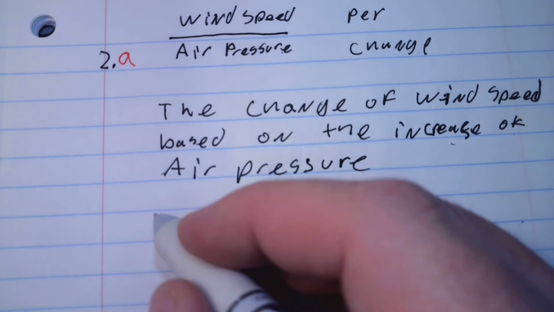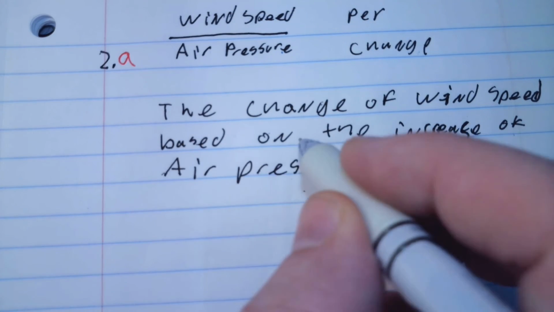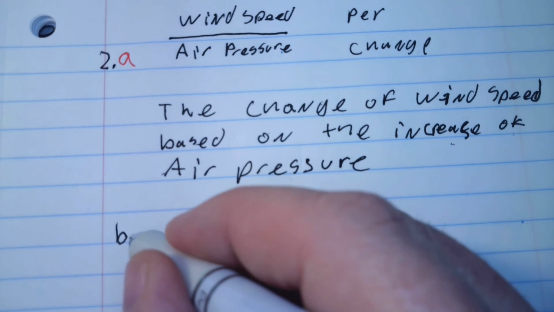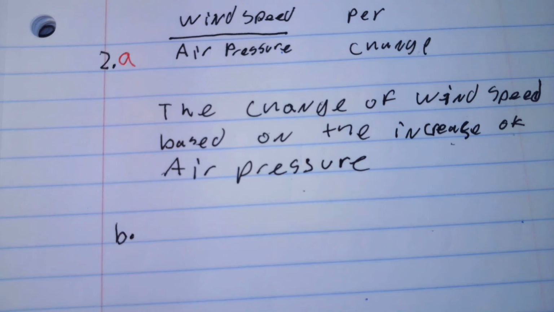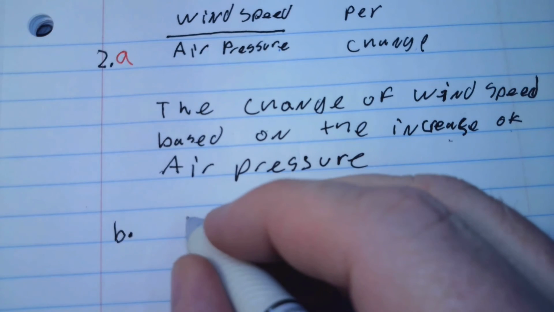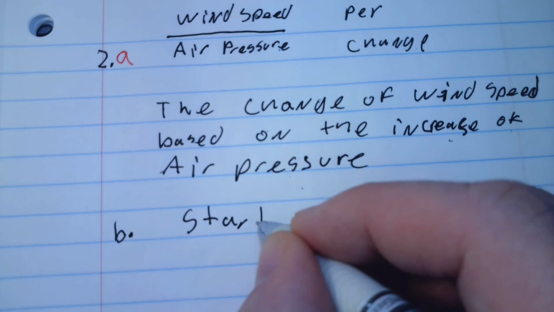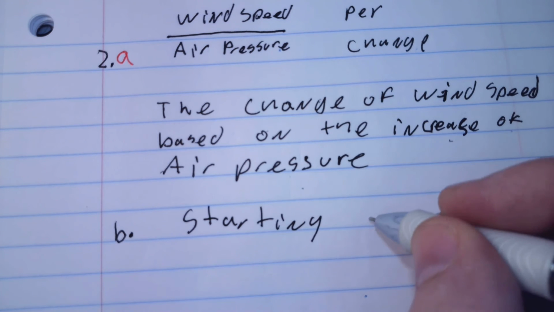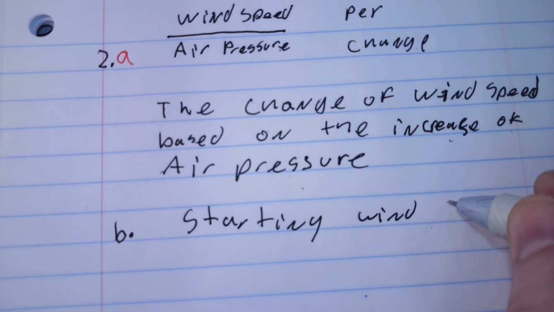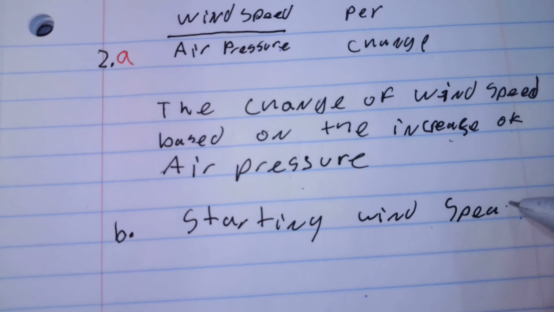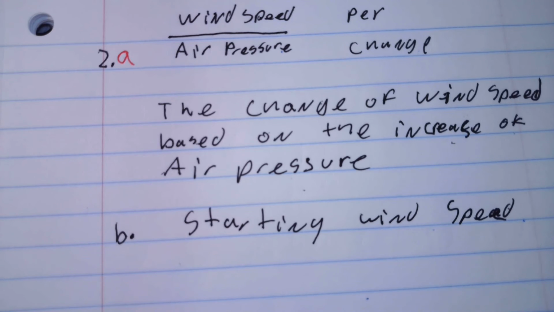Okay. That's probably going to be our hardest part with a lot of these, is figuring this out. B's got to be harder. I mean, easier. What does the y-intercept of the function represent? Okay. Well, I said it's starting, right? Starting wind speed.